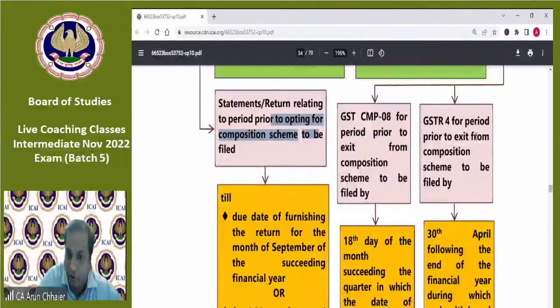And CMP 08 and GSTR 4 have to be furnished after the end of the quarter. For the quarter in which the person has withdrawn from composition, once the quarter ends, till 18th he has to furnish CMP 08 for paying the taxes. And after the end of the financial year, he will furnish GSTR 4.